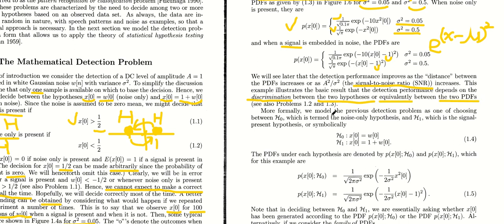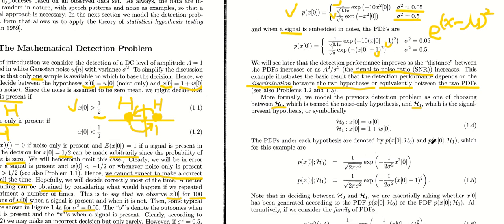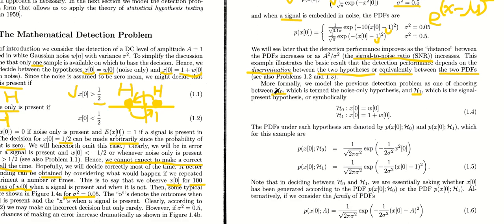More formally, we model the previous detection problem as one of choosing between H0 and H1. So the problem is actually choosing between two hypotheses, H0 and H1. H0 is the noise only, H1 is the signal present hypothesis.